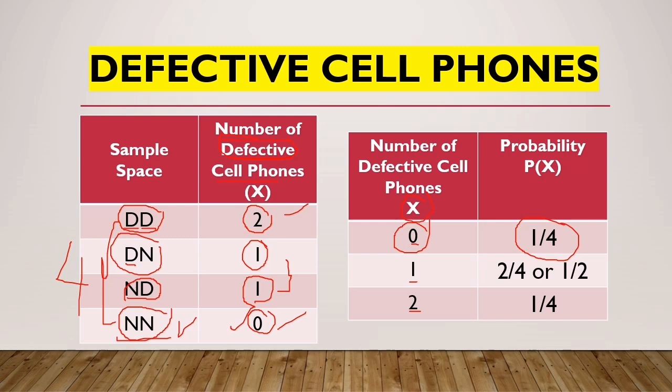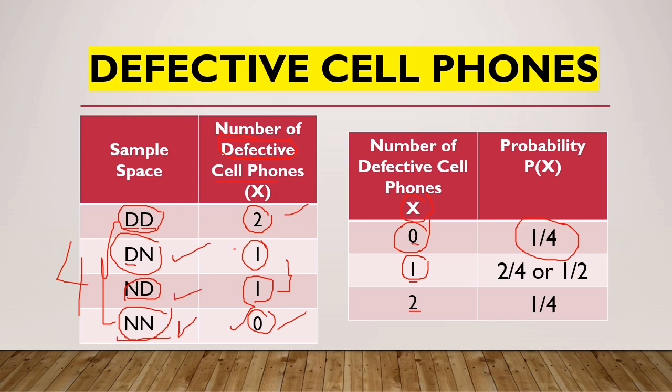Next is 1. What is the probability that the number of defective cell phones that would appear is 1? As you have noticed, we have here 2 possible outcomes that have 1 defective cell phone, represented by DN and ND.